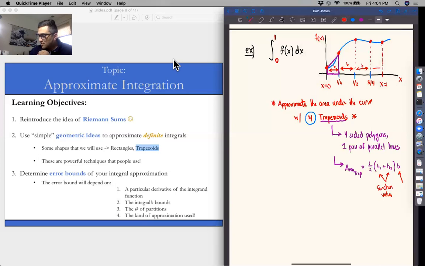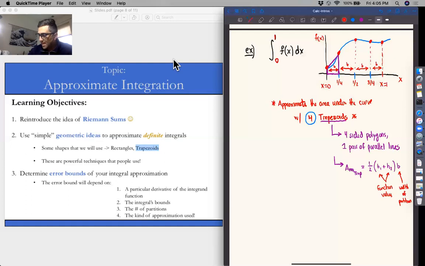So we see that each of these trapezoids will have a different h1 and h2, depending on which function values we're grabbing, depending on the x values on the left and right sides. So again, b is the width of the partition.